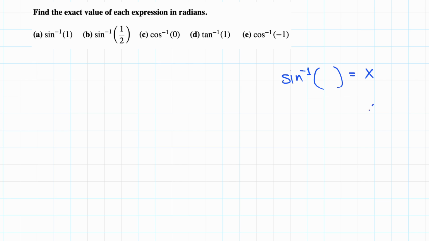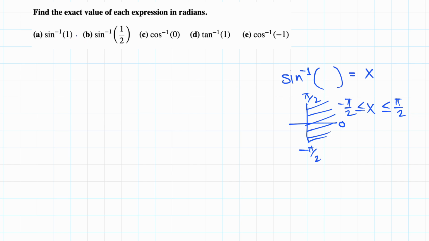That should be in between -pi/2 to pi/2, and these are inclusive, including -pi/2 and pi/2. If this value is positive, then our answer will be in between 0 and pi/2. If this value is negative, then it's the negative of that one.